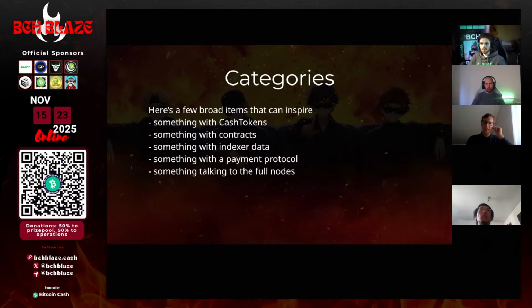Another thing that's interesting, I think, is that, as I said, most people use just the Fulcrum indexer and the Fulcrum data, but it's quite limited in the interesting insights you can gain from it. So if you use another indexer, then you might be able to get access to interesting data that other people are simply not able to visualize or show. So something interesting with indexer data, I think. For example, for smart contracts, you could easily visualize how many interactions there were with, for example, the Cauldron index, or which are the most popular pools, or things like this, which might be hard with the normal indexers.